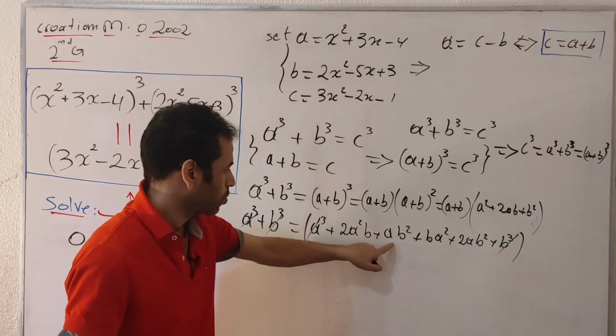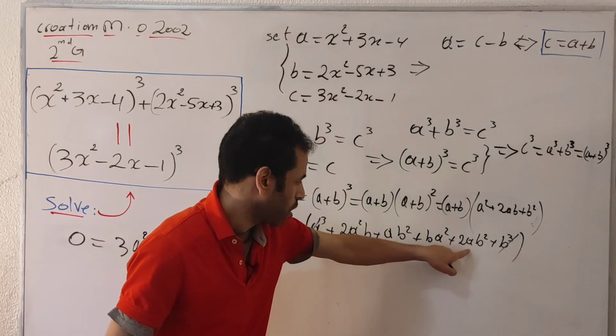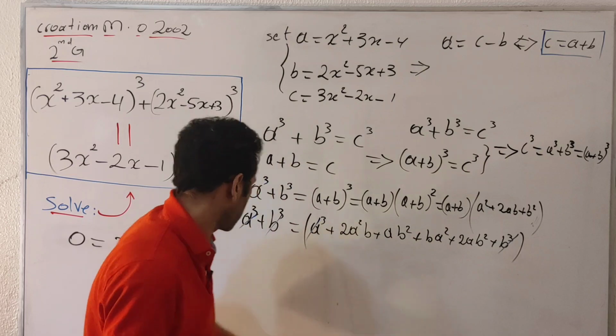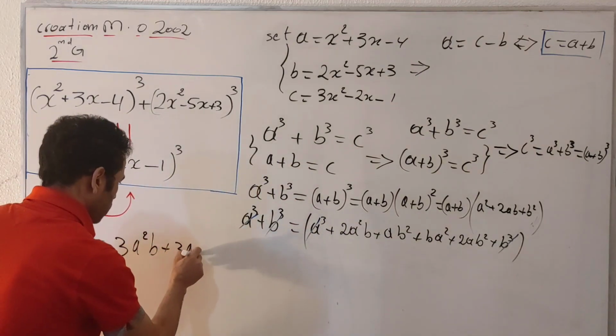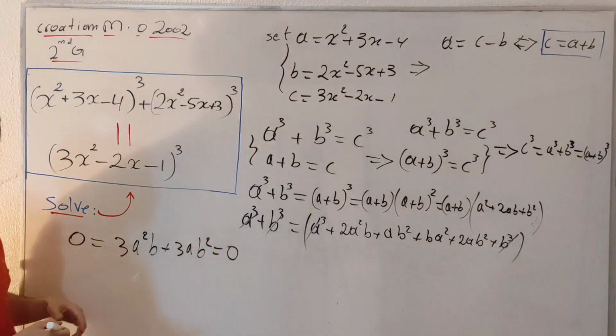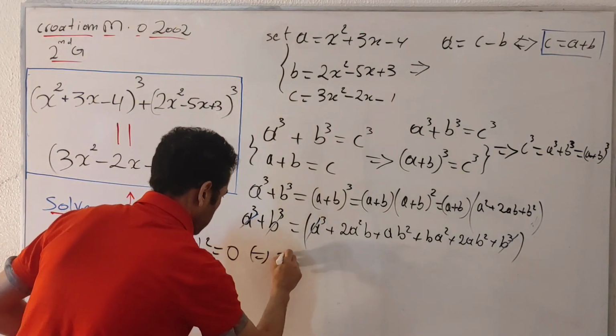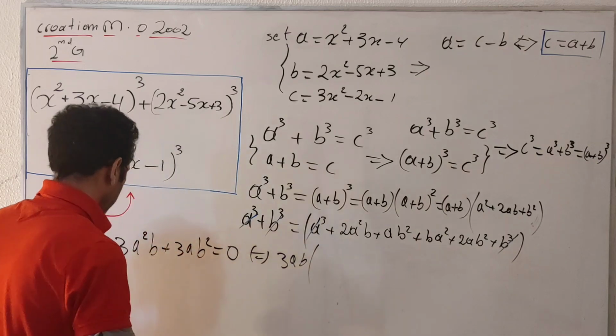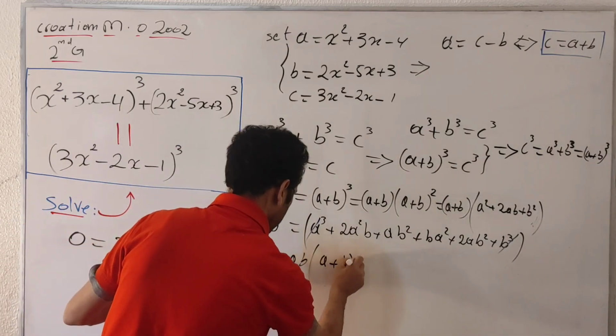Then this term AB² added with this one is giving us 3AB². So 3A²B + 3AB² equals 0. Now I'm going to take 3AB as a common factor. I will have 3AB(A + B) equals 0.